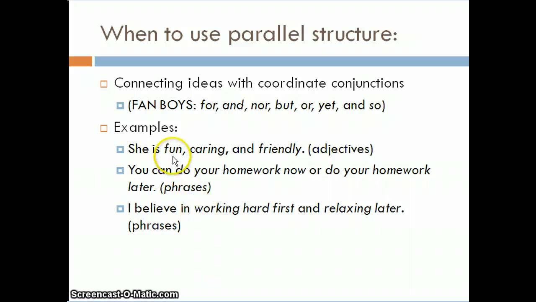She is fun, caring, and friendly. The next one is an example with phrases. You can do your homework now or do your homework later. And here's another example with phrases. I believe in working hard first and relaxing later. Of course, we have a few more opinions embedded here.